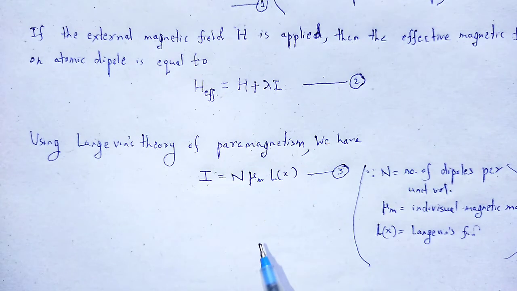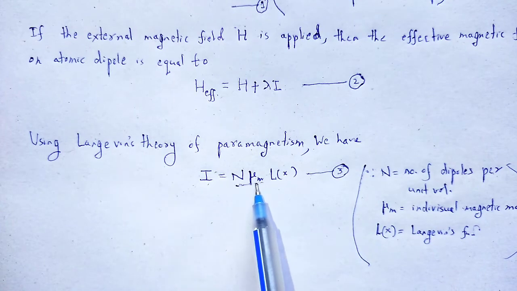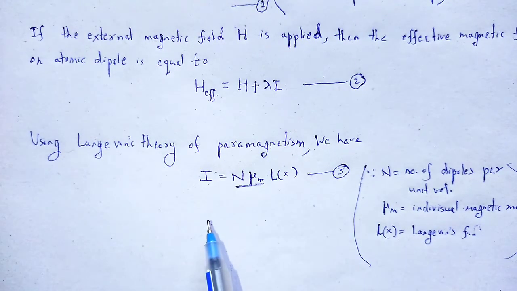For saturation magnetization, the product of N into mu m is equal to Is.